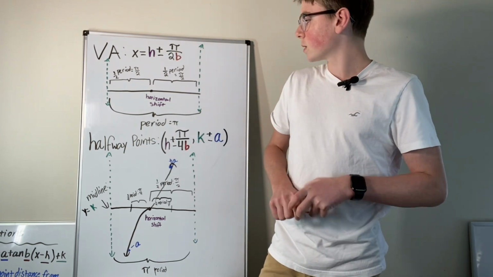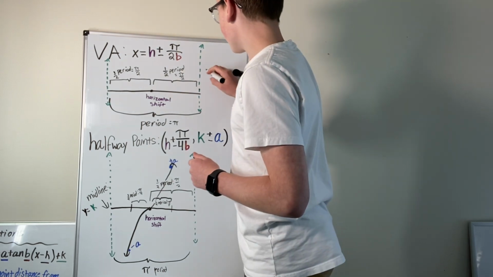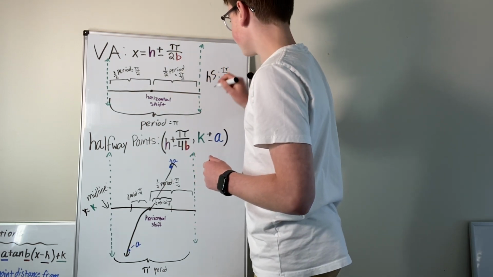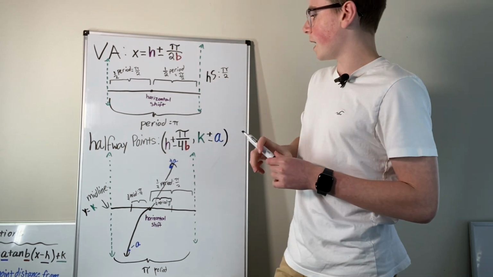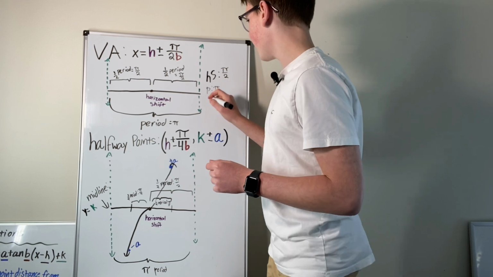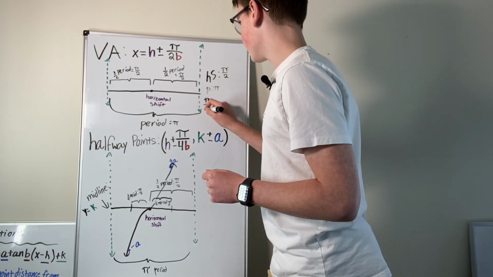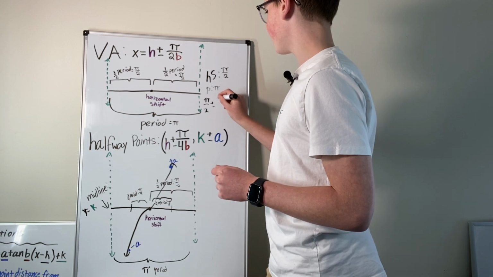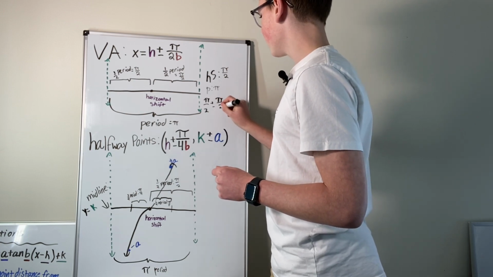But if this horizontal shift was, let's just say the horizontal shift is pi over 2, then the period is pi, then pi over 2 plus or minus, that would be pi over 2.